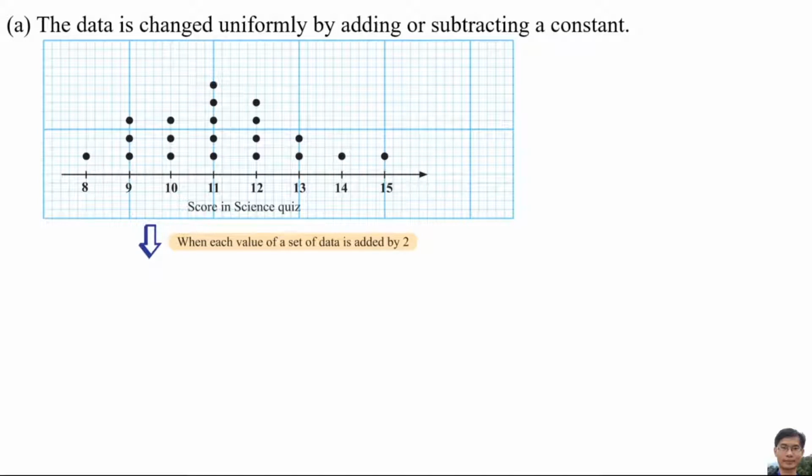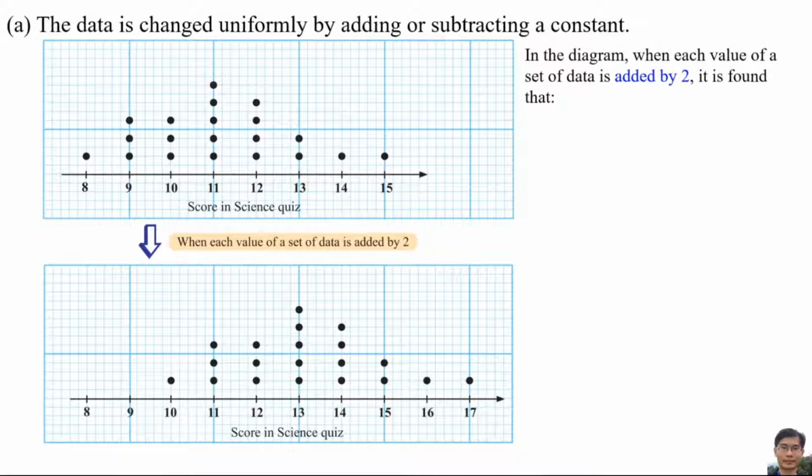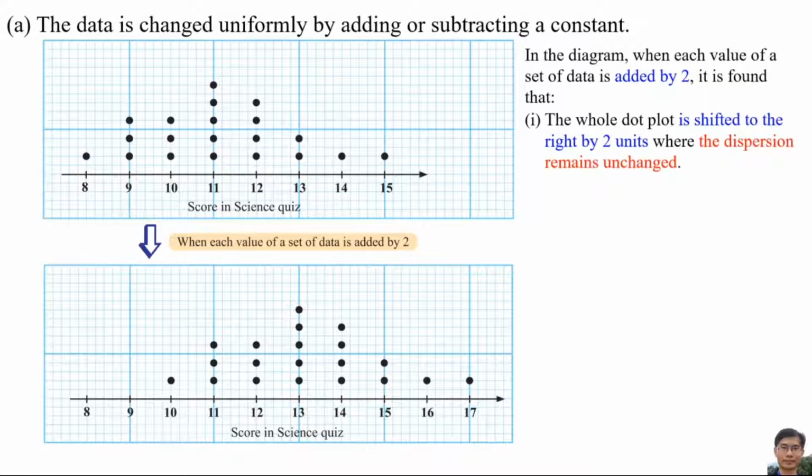When each value of the set of data is added by 2, the dot plot becomes like this. In the diagram, when each value of a set of data is added by 2, it is found that the whole dot plot is shifted to the right by 2 units, where the dispersion remains unchanged. It shifts 2 units.